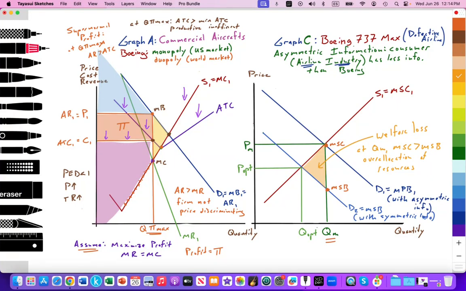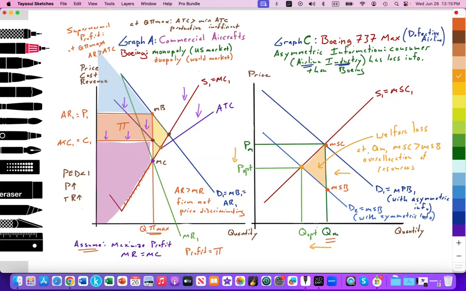Okay. Social optimum would be achieved where MSC equals MSB if more information is provided to the consumer. More information provided to the consumer leads to reduced demand, it leads to a reduction in price, and a reduction in the quantity being supplied and demanded to society.